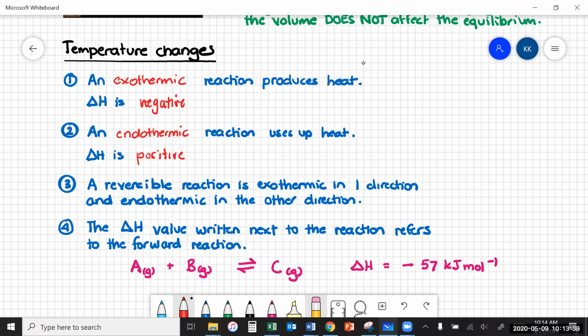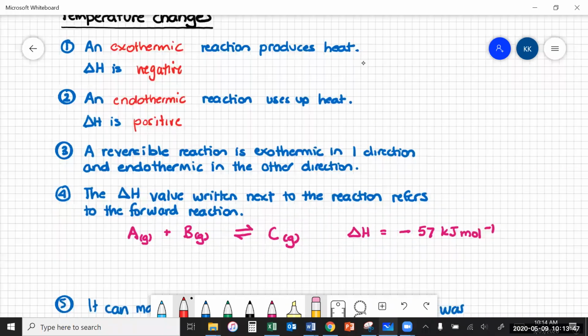So if it's exothermic in one direction, it's going to be endothermic in the other direction. When you see the delta H value written, then it's always for the forward reaction. So here it means that the forward reaction is exothermic, and the back reaction is endothermic.